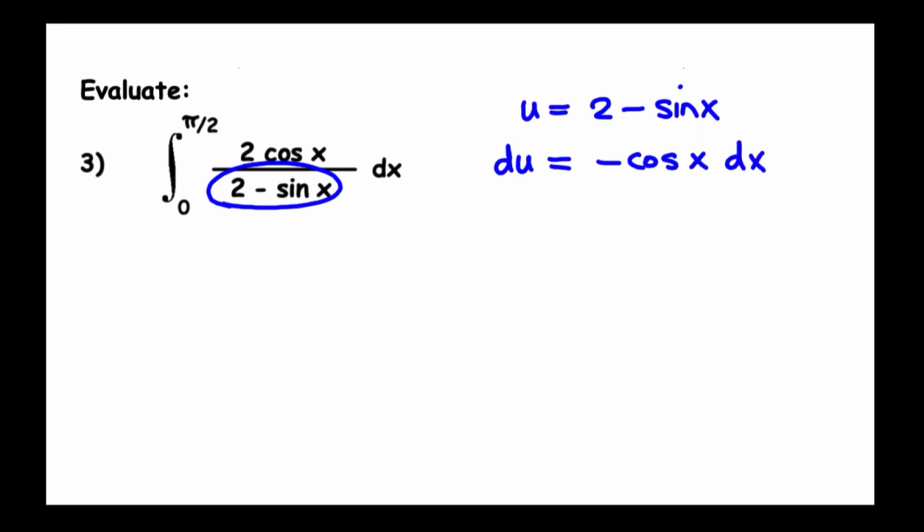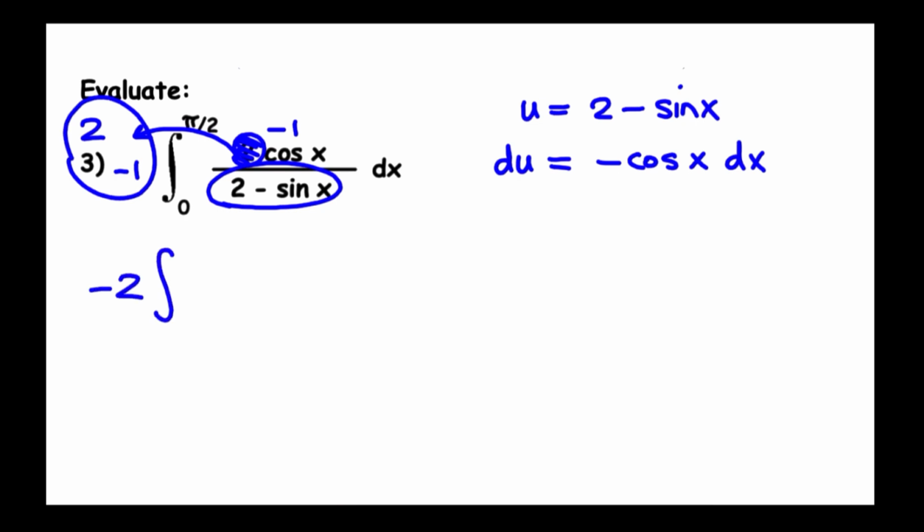All right, so I need a negative on the cos. I don't have a negative. I'll multiply by negative 1 to give myself that. I'll put another negative 1 out front to make up for it. This 2 is going to get booted to the front. You can see that when we multiply these together, that'll be negative 2. We have a 1 over u now.